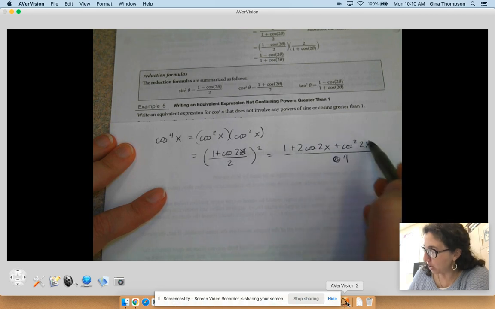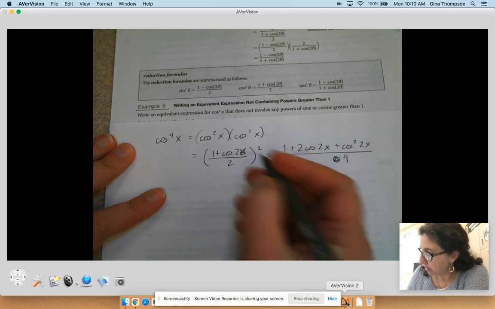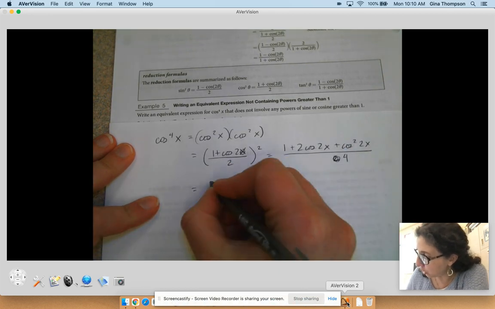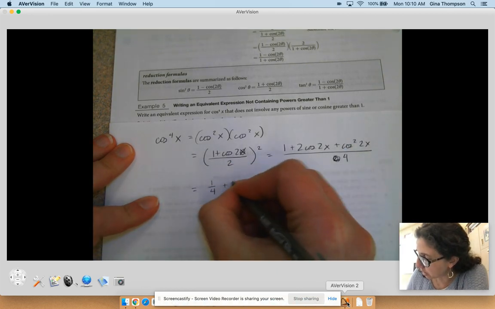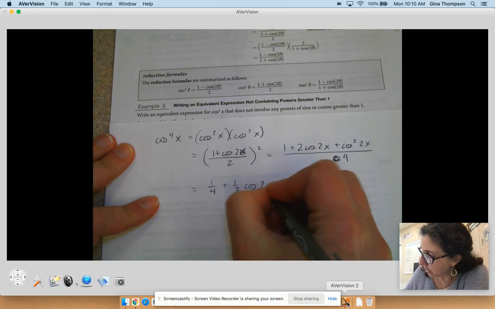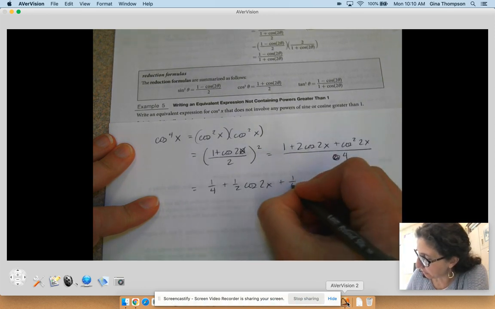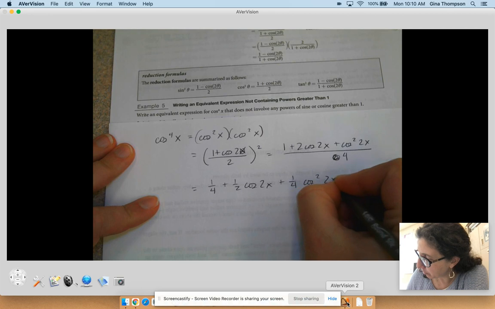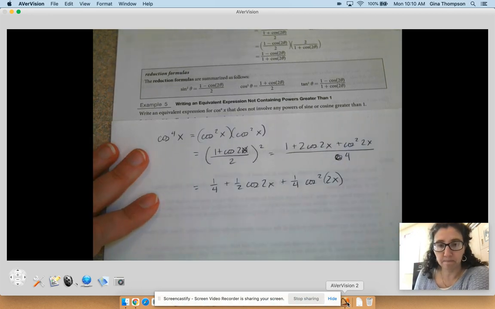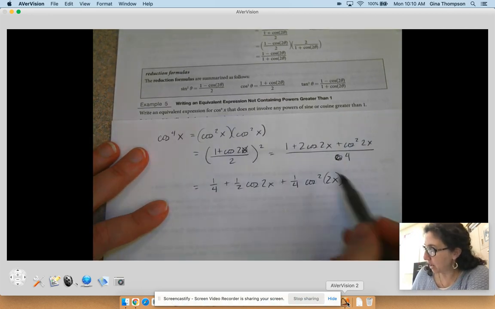Now I'm going to need to replace this again. To make this easier, I'm going to write this as a bunch of different terms, dividing the 4 into each of these terms. I still have this problem where I've got this exponent here, so I need to do it again.